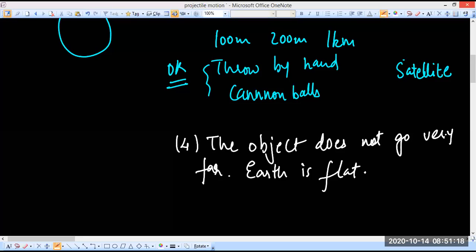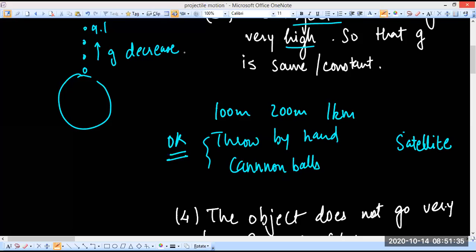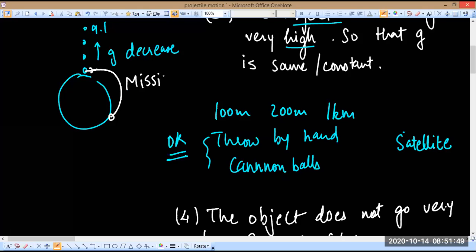Because you see, let me draw something very interesting here. Suppose you throw something from here and it's going very far, like thousands of kilometers. Then whatever you are throwing will actually curve and fall on earth like this. So when it goes to a very large distance, such things are called missiles, by the way. Stones won't go that far from you, whatever you do.